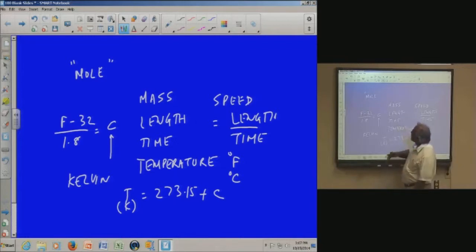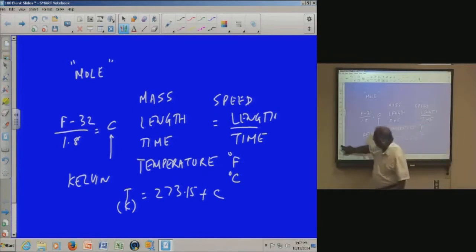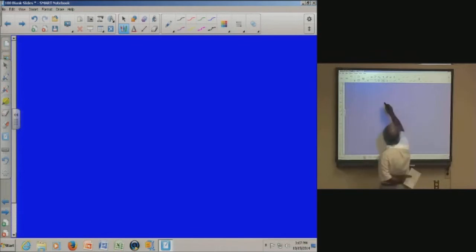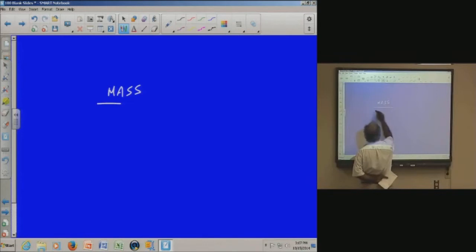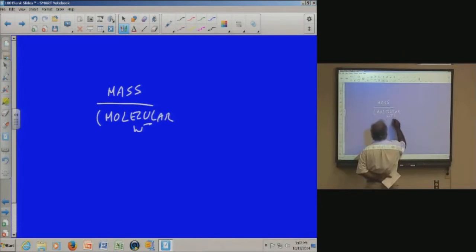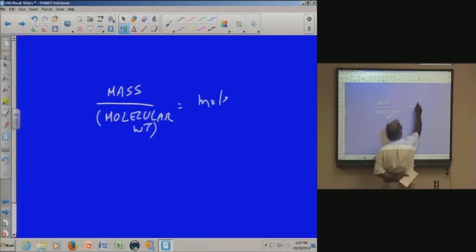The one difference is that for the mole, we use a molecular weight as a way to relate moles to mass. Okay, so to go back, if I have, for example, the mass of something, if I divide that by the molecular weight, I get the number of moles.